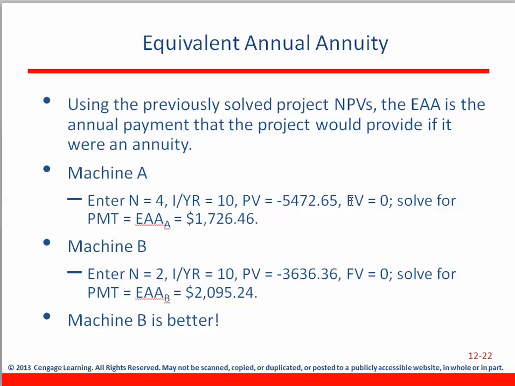And so if we put that into our calculator and say the present value is the NPV, interest rate is 10, and N is 4, and solve for payment, what we're saying is $54.72 is equivalent to an annuity of $17.26. And for B, 36.36 was over 2 years, and if we solve for payment, that's equivalent to an annuity of 20.95. So if you're going to be recycling this over and over and over, then the one with the higher equivalent annuity is the better project. And so that's the same as the replacement chain, okay?